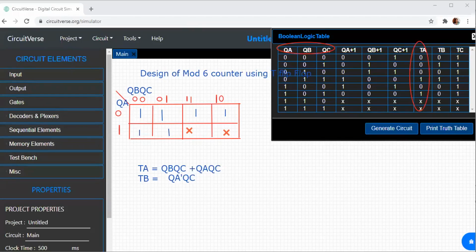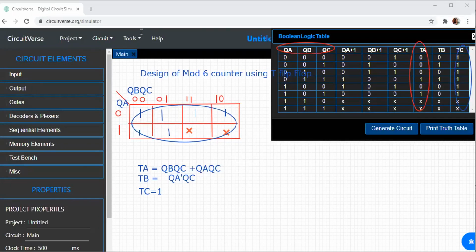This will form an octet. So TC will be equal to 1. So I've got the equations. TA is equal to QB into QC plus QA into QC, TB is equal to QA bar into QC, and TC is equal to 1.